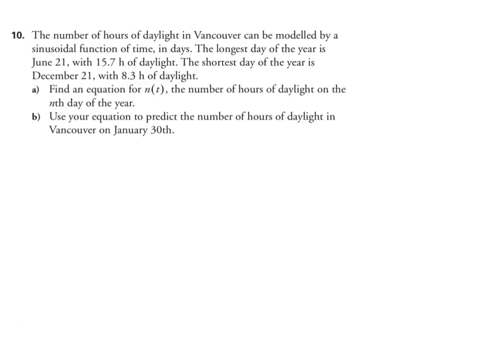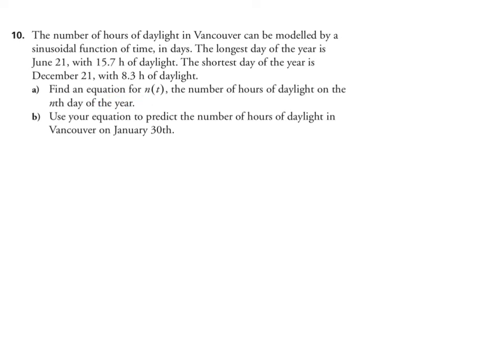All right, number 10. This is a similar question that I've given you guys already. The number of hours of daylight in Vancouver can be modeled by a sinusoidal function of time in days. The longest day of the year is June 21st with 15.7 hours, and the shortest is December 21st with 8.3 hours of daylight.